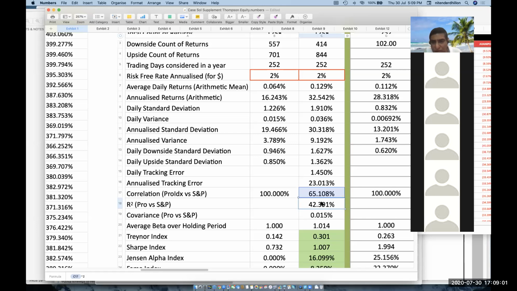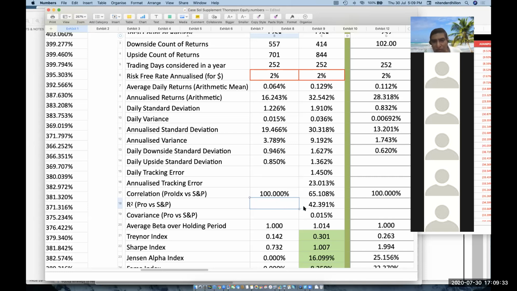The R square is 42% for this particular fund. So we would want to know why 60% of the fund is not accounted for and only 40% is in variance with the S&P index. So the question this throws up is: they keep harping that our R square is 65%, we are very closely aligned with the index, our beta is also equal to 1, very closely aligned with the index. If that is so, then why is R square not coming out to 90%?